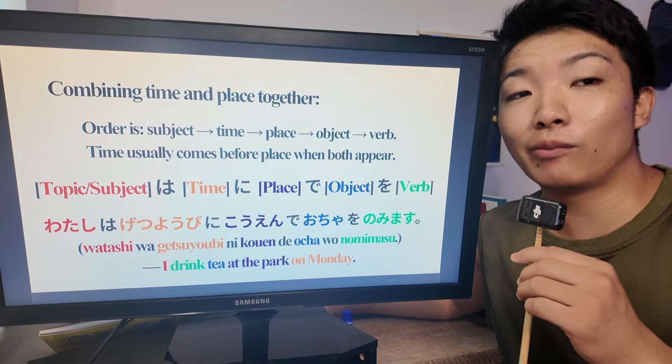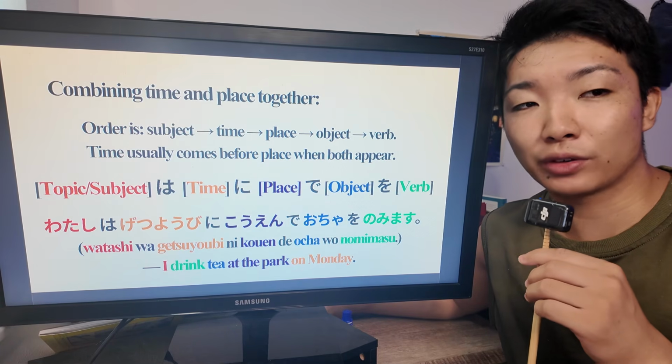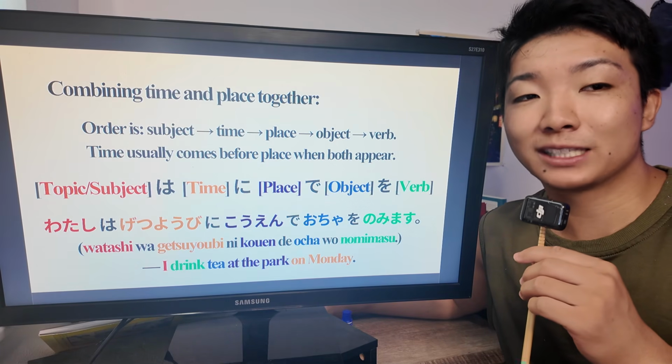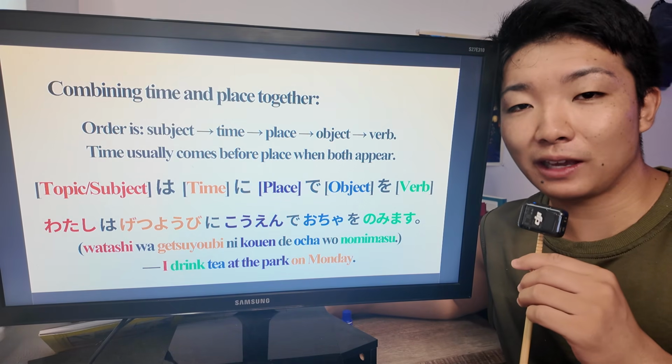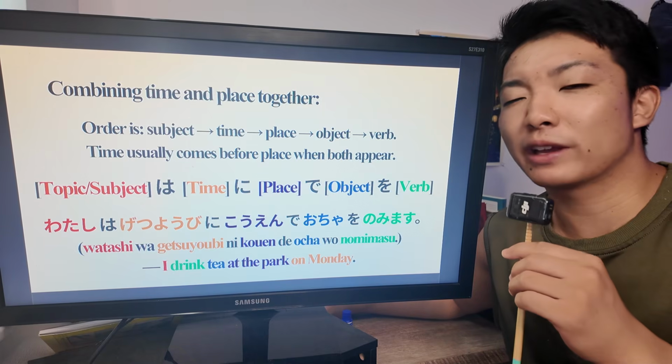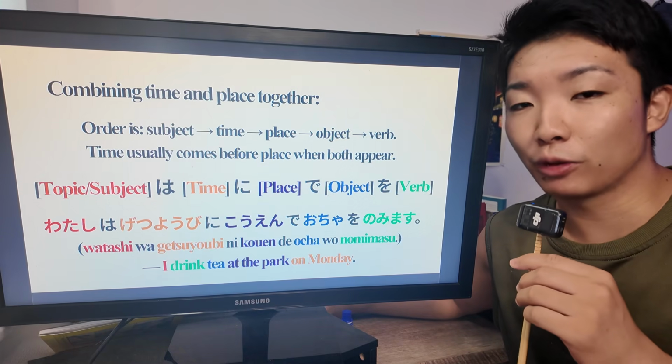And also if you want to combine a time and a place together, the word order is going to be subject, time, place, object, and verb. So time usually comes before the place when both appear.